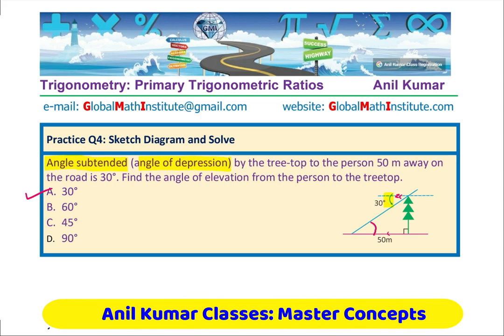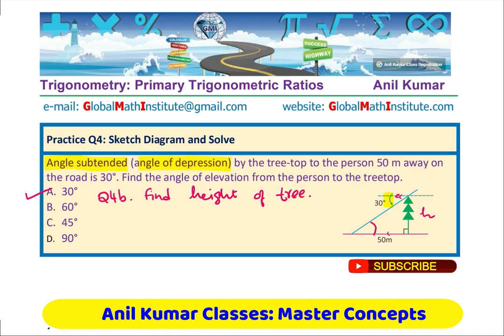But now let's change the question here. So question 4b, a new question for you: find the height of the tree. Correct? So let's do that part. And height, as you know, now we know this angle is 30 degrees, right?